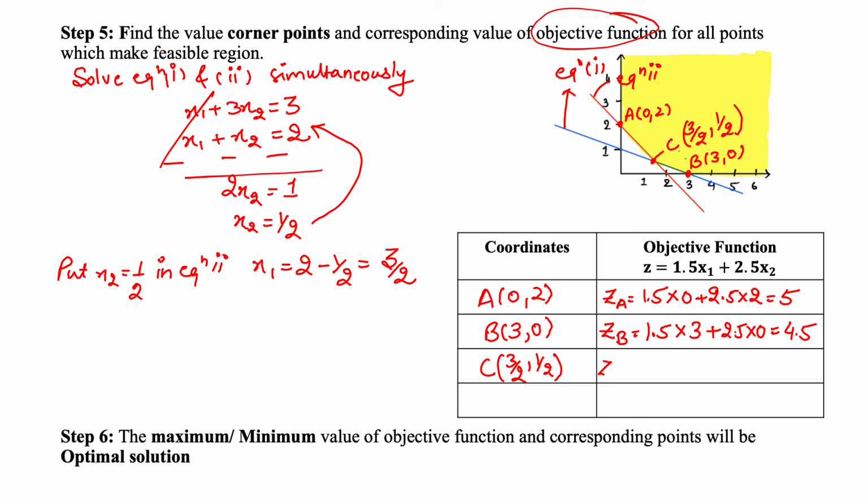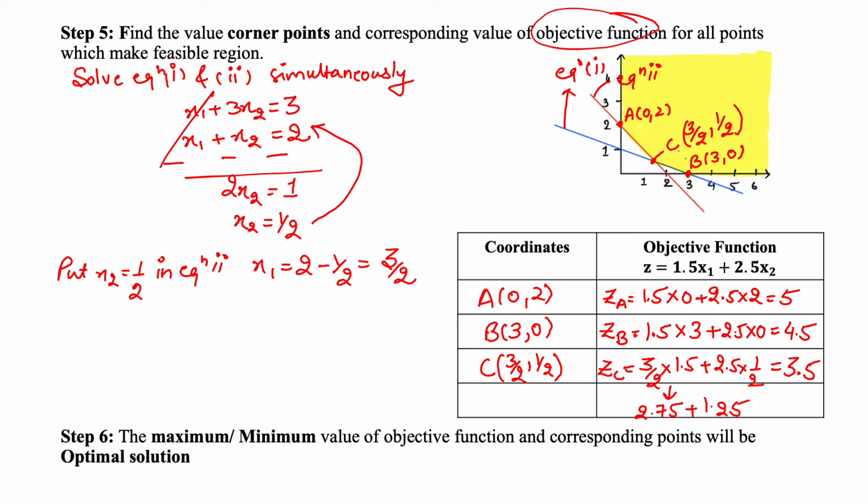Now we will calculate for the third coordinate, that is 3 by 2 into 1.5 plus 2.5 into half. So this will give me 2.25 plus 1.25. So in total its value is 3.5.